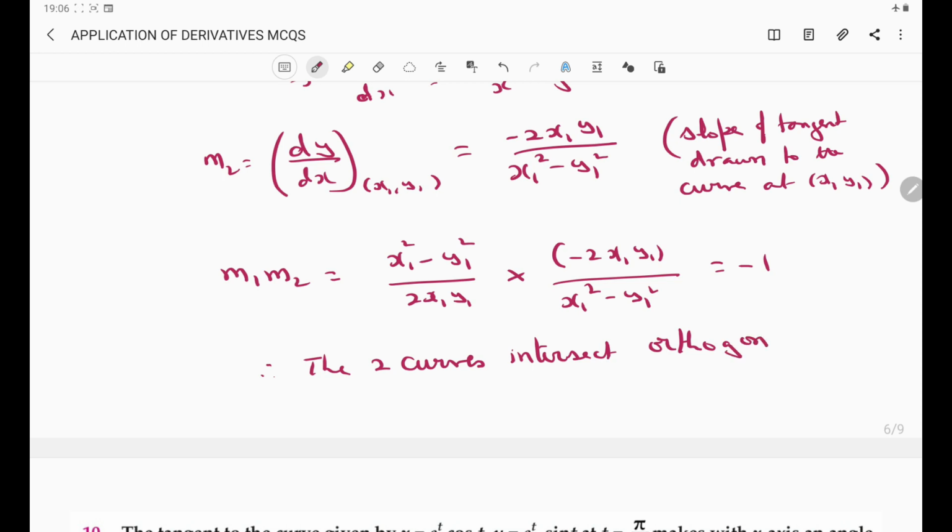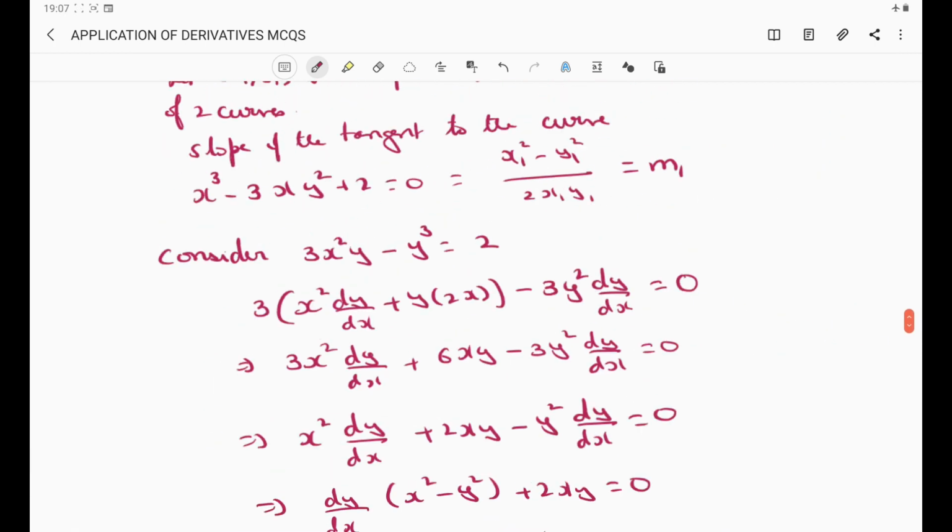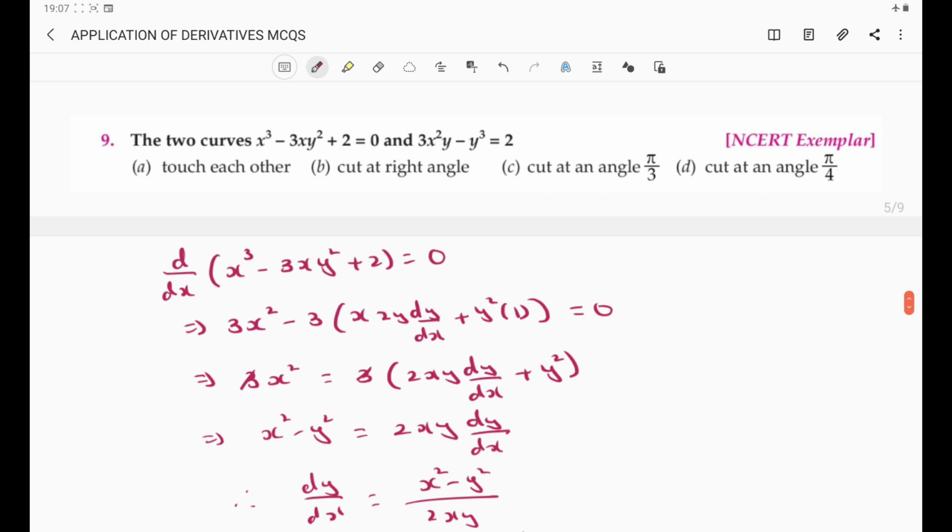If the product of the slopes is equal to minus 1, the tangents are perpendicular at the point of intersection, so we say that the two curves intersect orthogonally. So the right option is cut at right angles. Option B is the correct answer. Cut at right angles or intersect orthogonally, both mean the same.